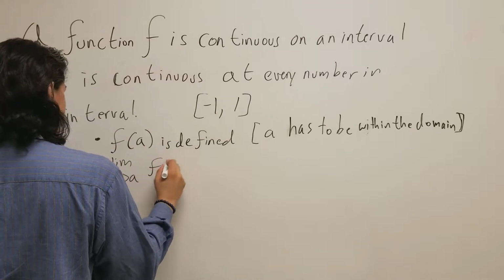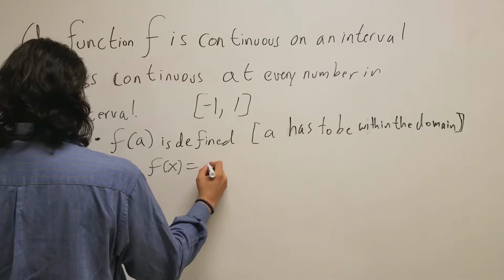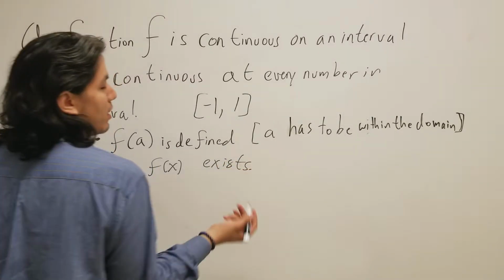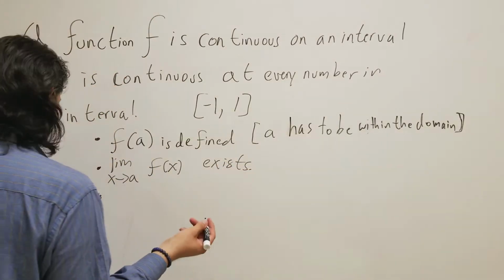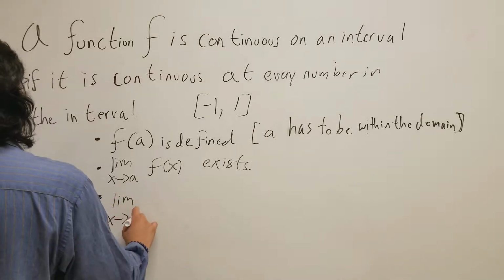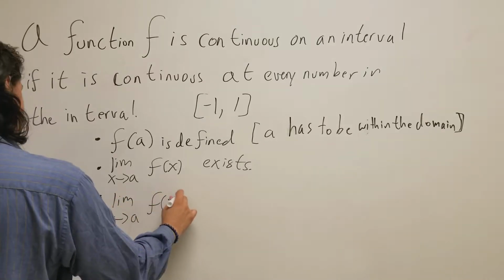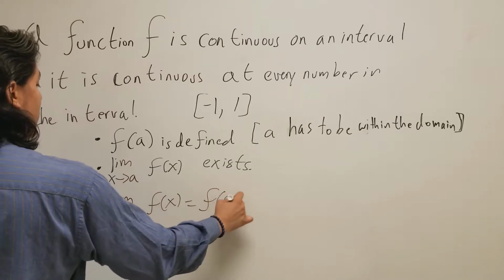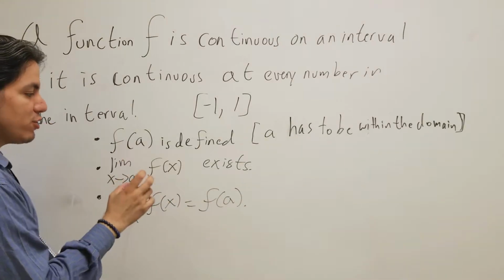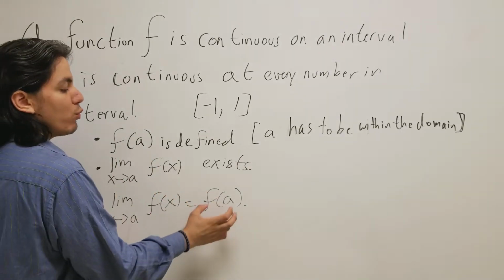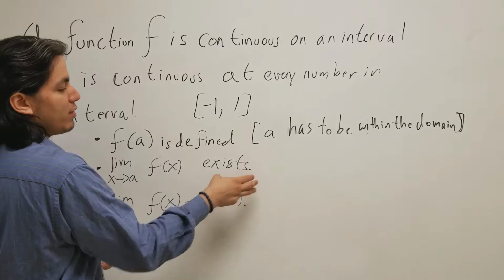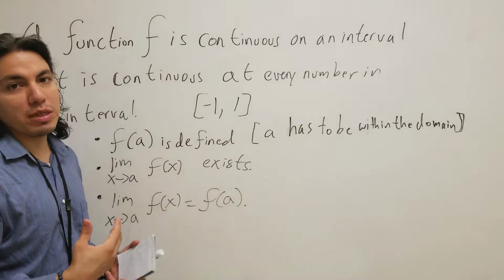Second, the limit of f of x as x approaches a exists; it has to exist, otherwise it's not continuous at that point. Third, the limit of f of x as x approaches a equals f of a. That means if you plug the element a into that function, you should get the matching output.